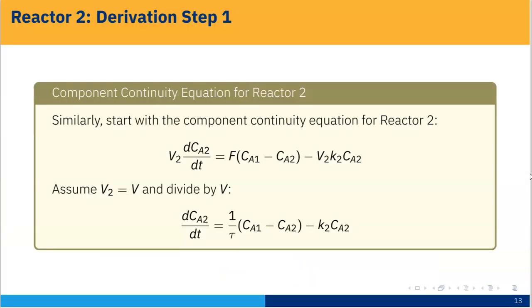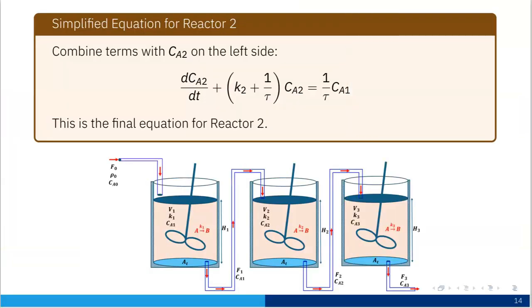Similarly, for reactor 2 we get dCA2/dt plus (K2 plus 1/tau) CA2 is equal to 1/tau CA1.